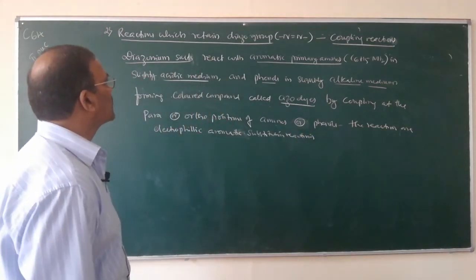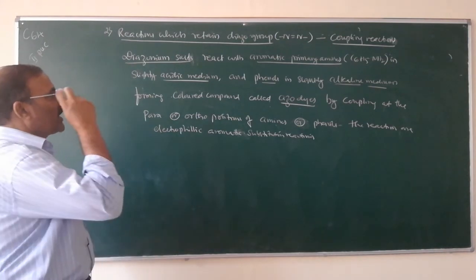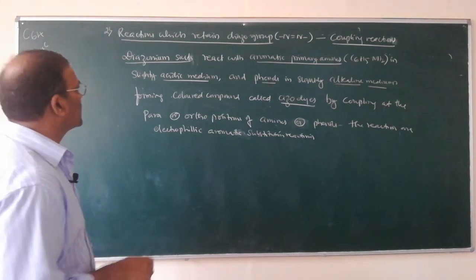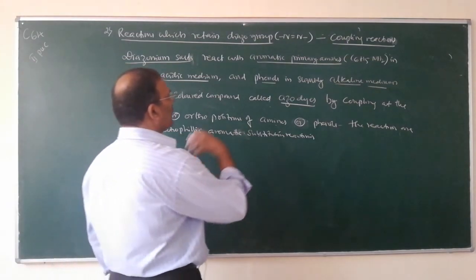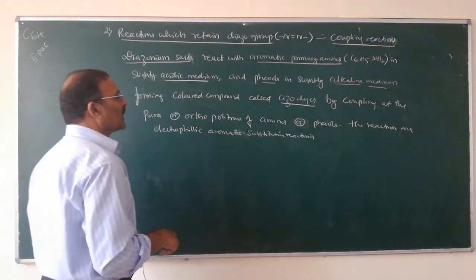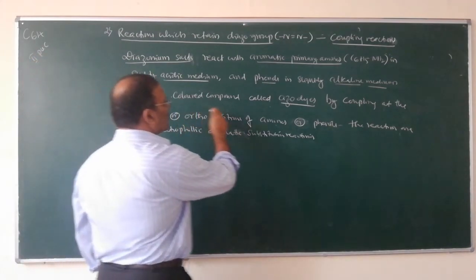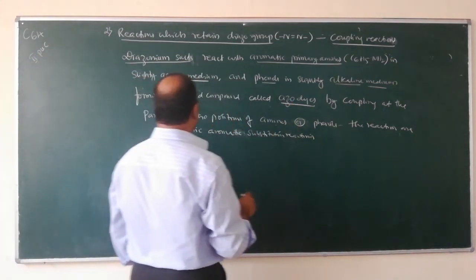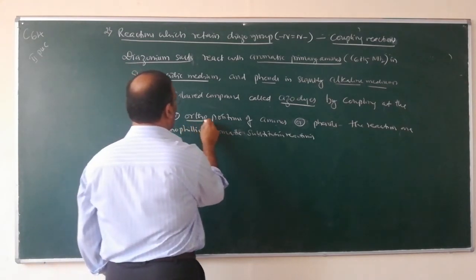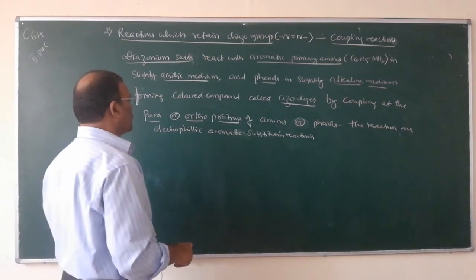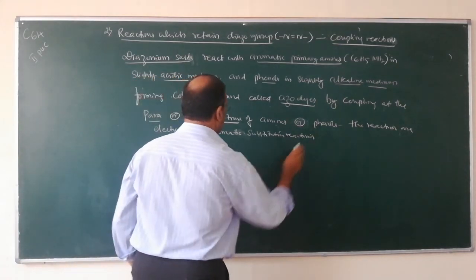So diazonium salts react with aromatic primary amines in slightly acidic medium and also with phenols in slightly alkaline medium, forming colored compounds called azo dyes by coupling at para or ortho positions of amines or phenols. The reactions are electrophilic substitution reactions.